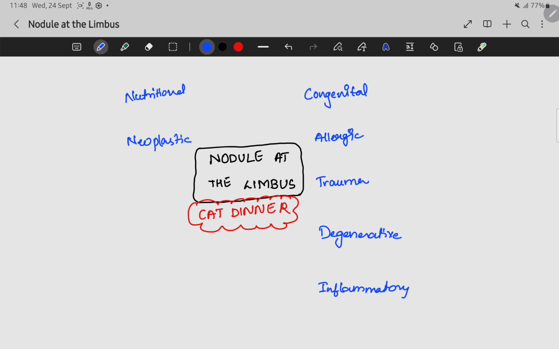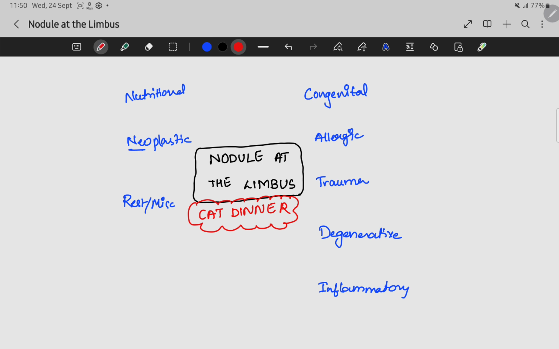Neoplastic, and E, that is dinner, and R, rest or miscellaneous.